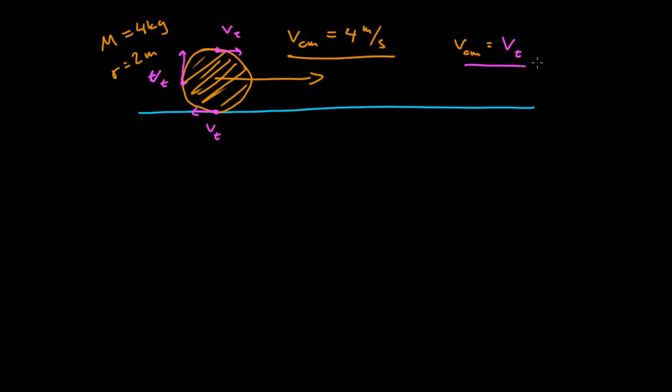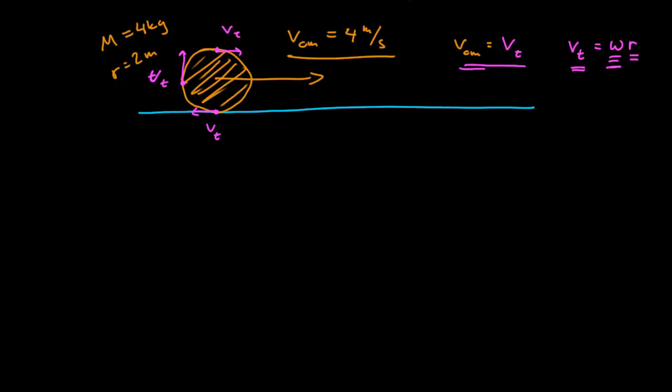Okay, well, we also know that the tangential velocity is equal to the angular velocity times the radius of the disk. The tangential velocity at the edge of the disk is equal to the angular velocity of the disk times the radius of the disk. So this now gives us a way to relate the center of mass velocity to the angular velocity of the object.